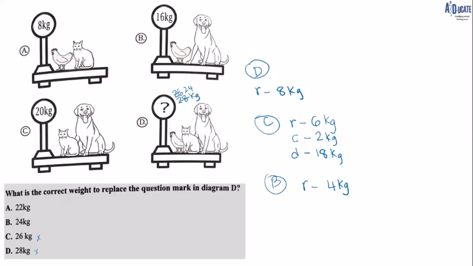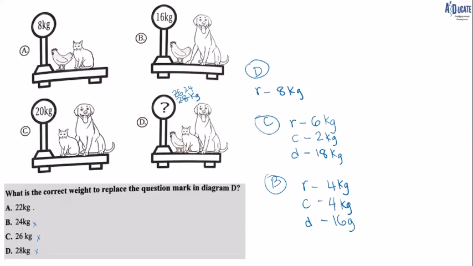So if the cat is 4, like in C, the dog has to be 16. But B makes zero sense. You are so right, because the rooster would be zero, which we said had to be 4. So no, it makes no sense.